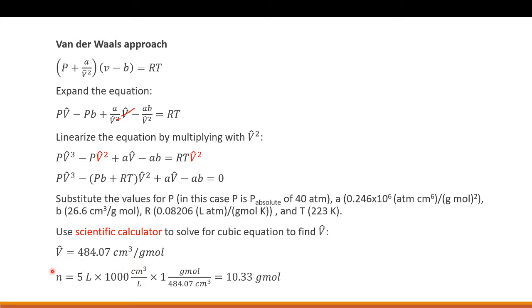Then we can determine the number of moles by taking the volume divided by v cap, okay? And we get 10.33 gram mole of hydrogen.